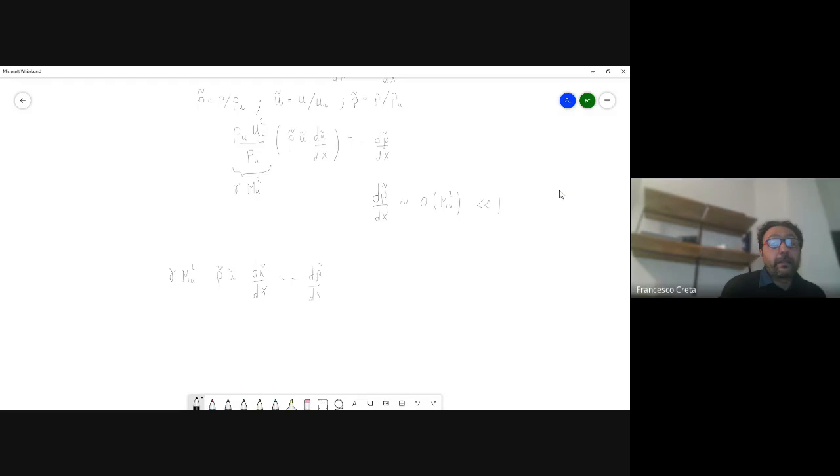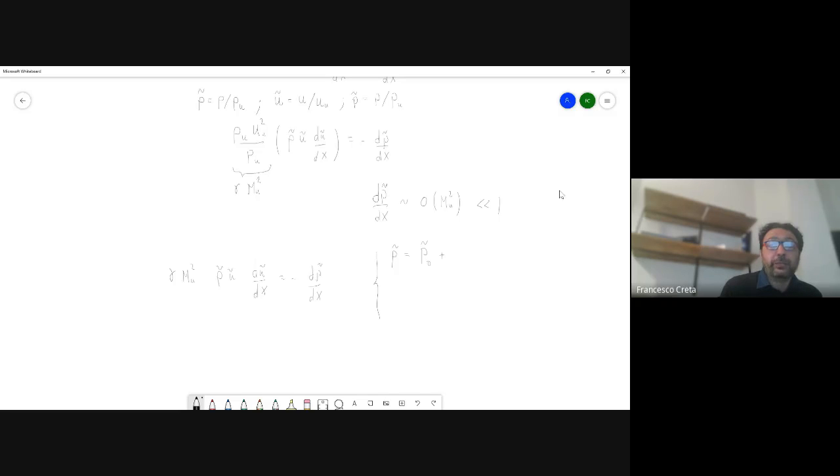because the Mach number is small, what is usually done is one can think of expanding all of the non-dimensional variables in a series where the Mach number appears as a parameter.